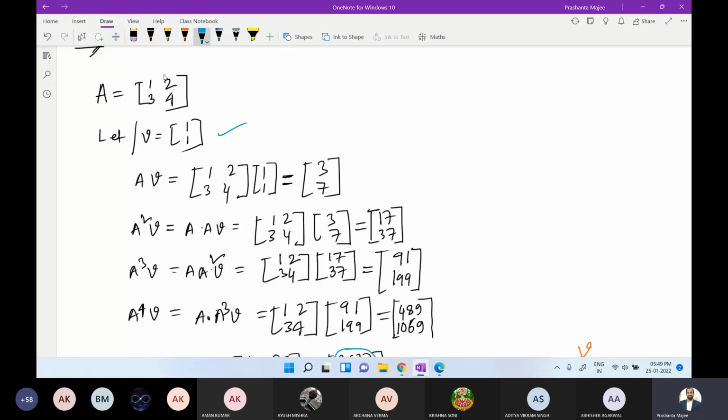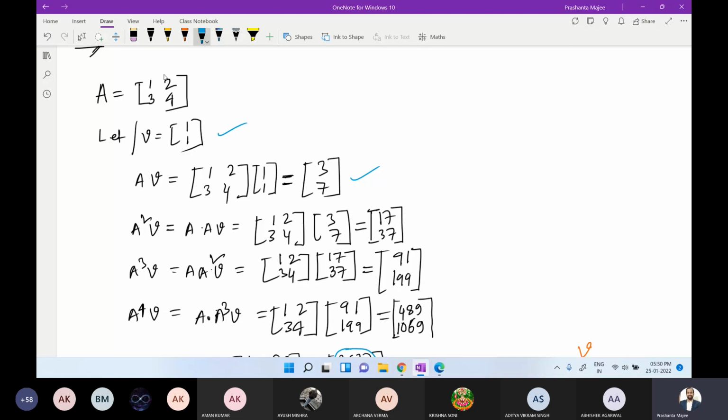Now what you do, you keep on repeatedly pre-multiplying the vector by the matrix A. So AV will be the matrix 1, 2, 3, 4 multiplied by the vector 1, 1. That will give you 3, 7. Again, you pre-multiply that vector 3, 7 by the matrix A. So A squared V will be A into AV: 1, 2, 3, 4 into the vector 3, 7.